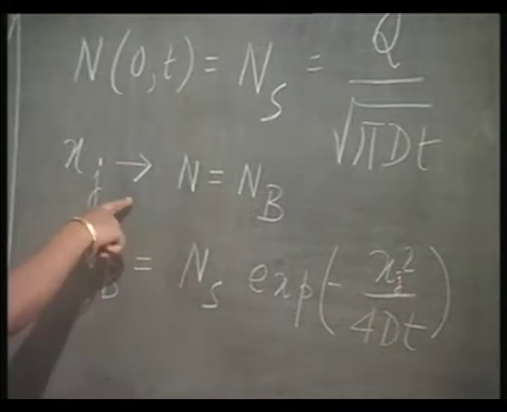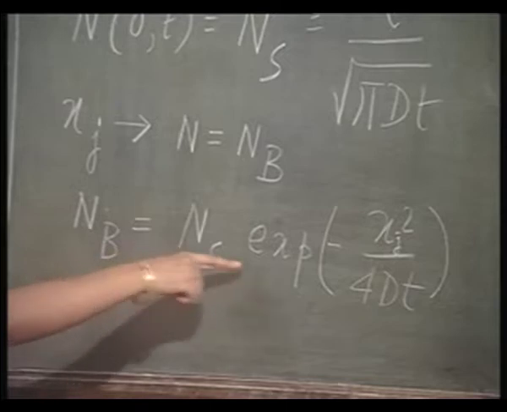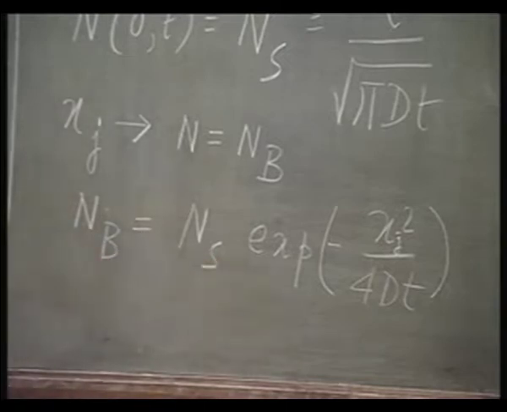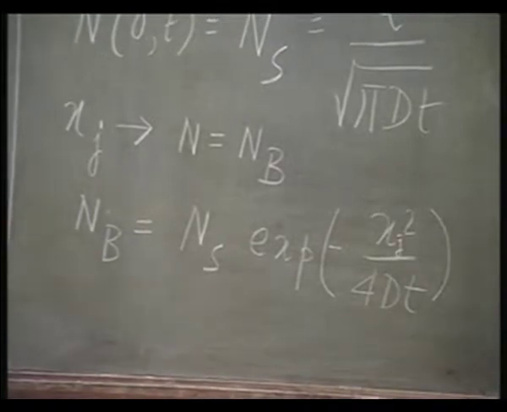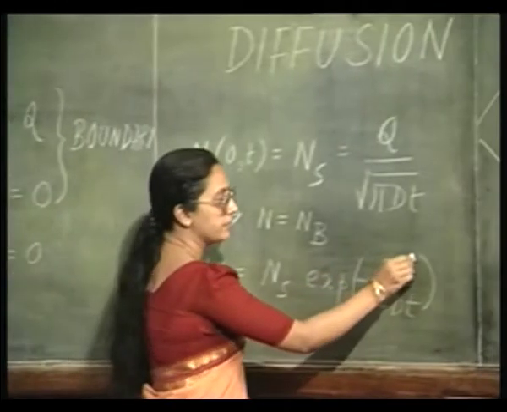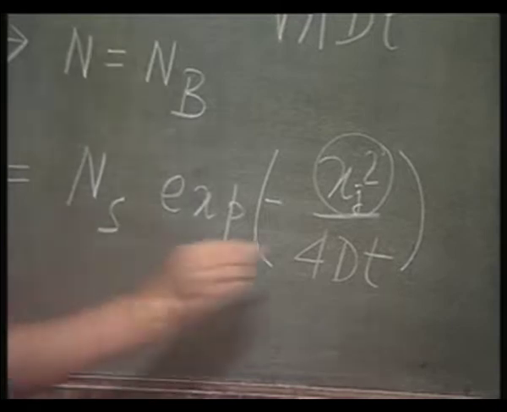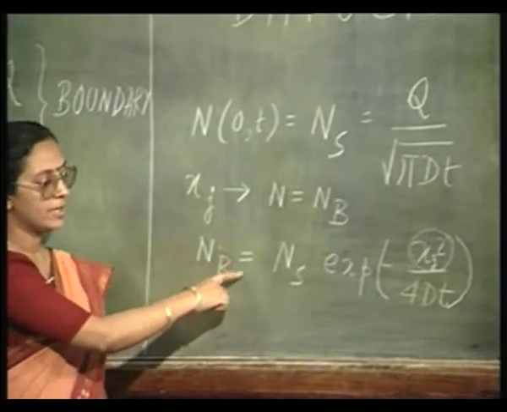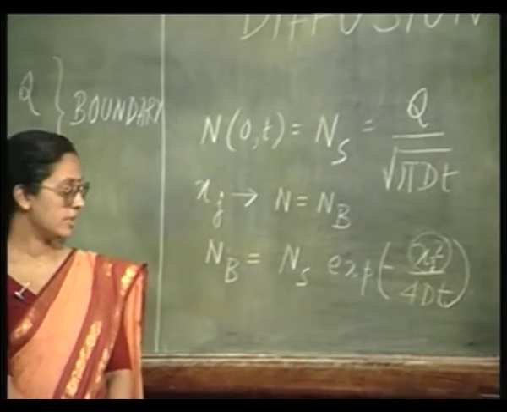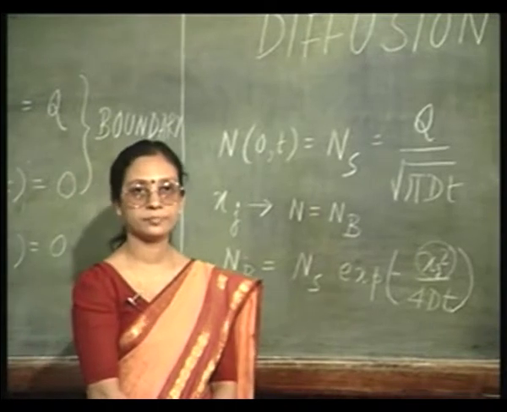So, at x equal to xj, N corresponds to Nb, and therefore, we obtain this equation, that is Nb is equal to Ns exponential minus xj square by 4Dt. In other words, xj is a function of Dt as well as the ratio of Nb and Ns. These are the two factors which determine the junction depth.